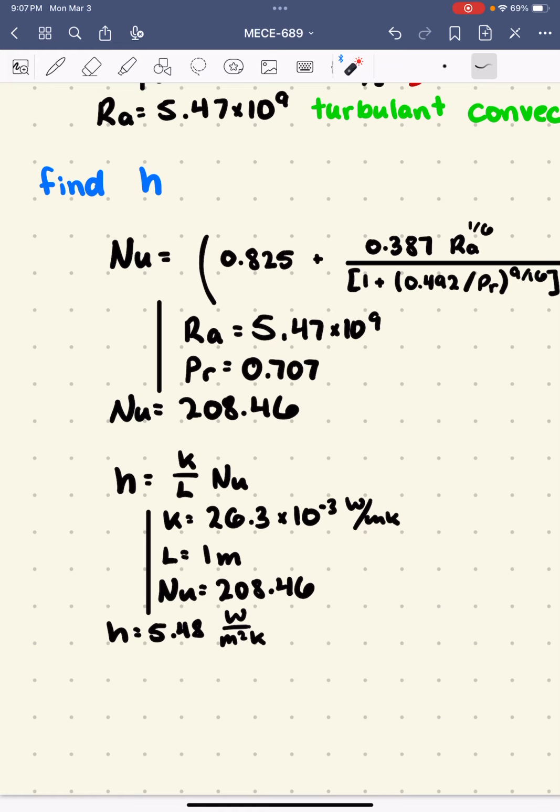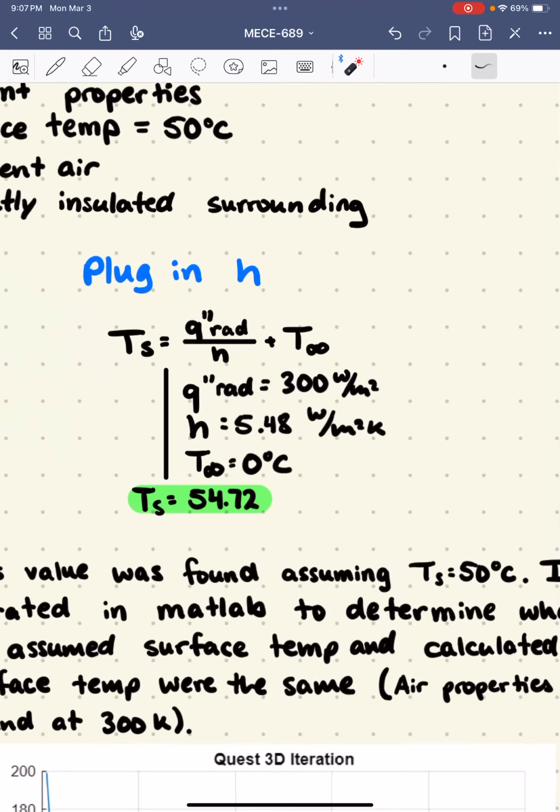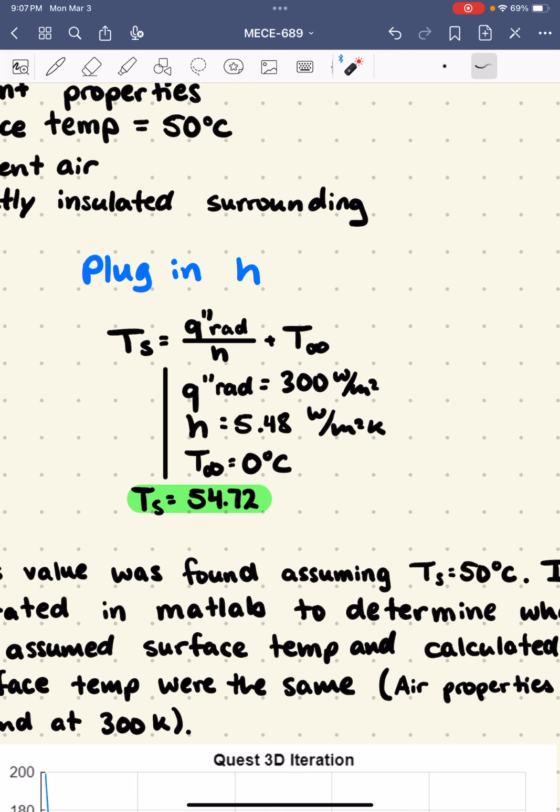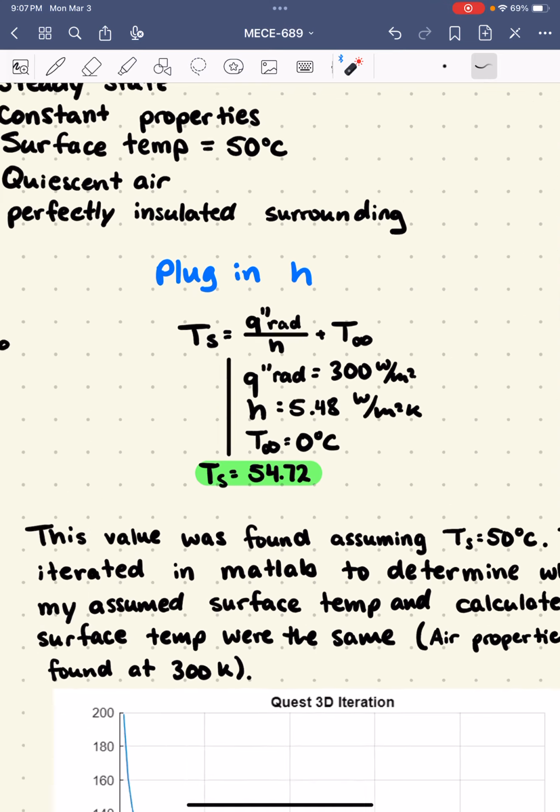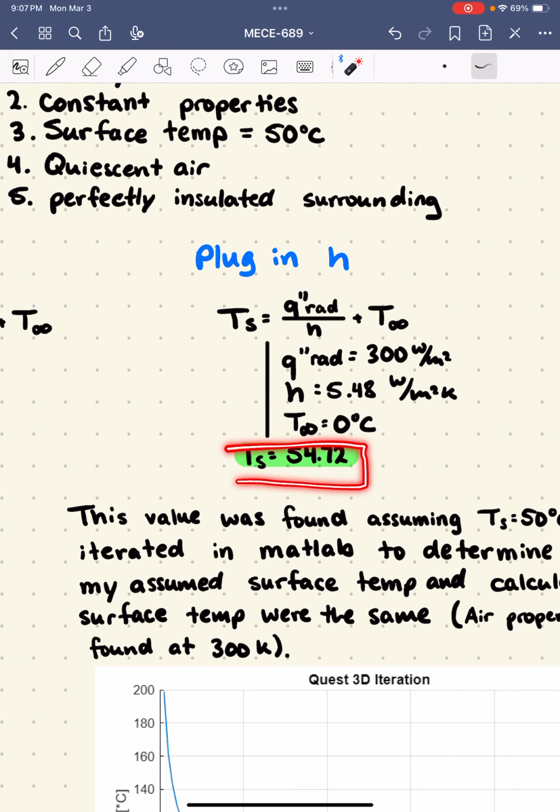I found that h is equal to 5.48 watts per meter squared Kelvin, and then I would just plug in h at this, giving 54.72. Now, this is pretty close to our original estimate of 50 degrees C.